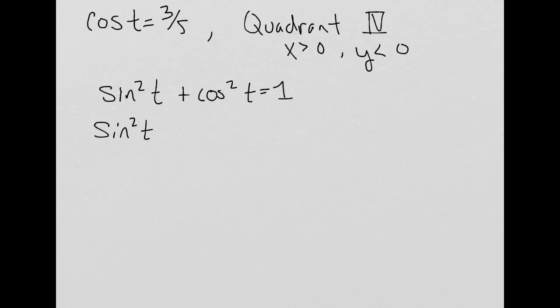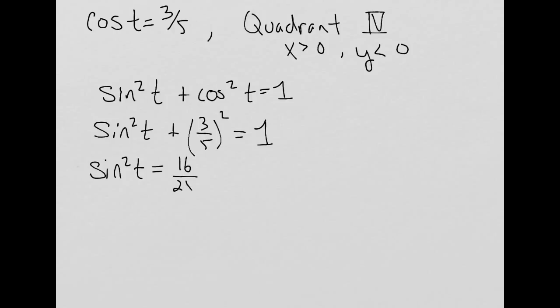Sine squared of t plus 3/5 squared is equal to 1. If you square that out and subtract, you're going to end up with sine squared t equals 16 over 25.